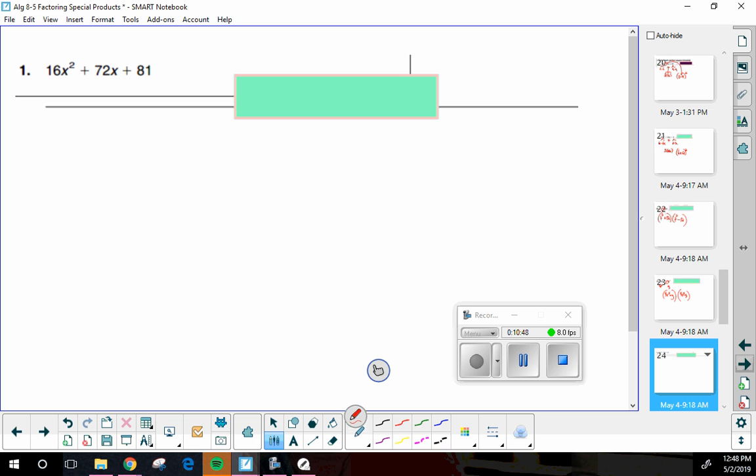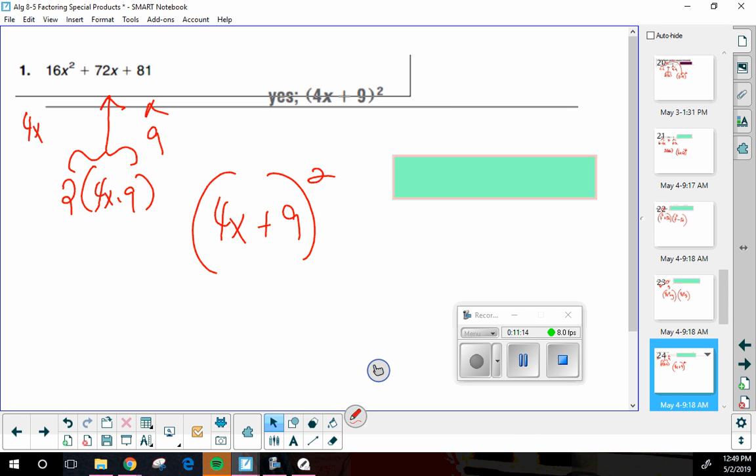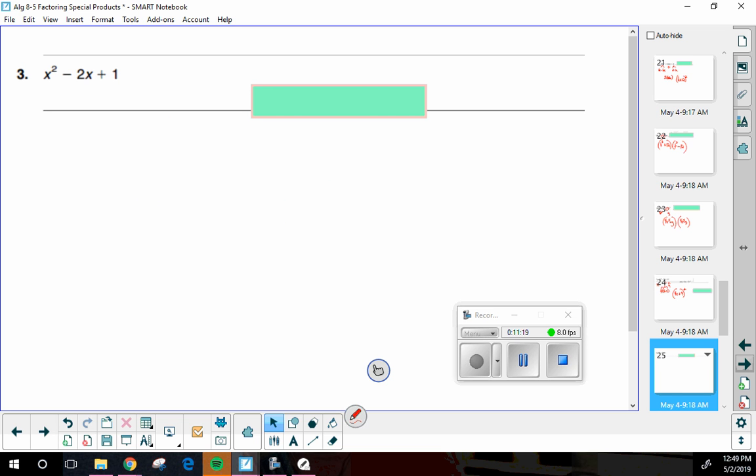Okay, this one looks like it's going to be, that's 4x, yep, that's going to be 9, 2 times 4x times 9 does equal that, so this would be 4x plus 9 squared. Okay, and then this one looks a little tricky, but that's x times x, 1 times 1.